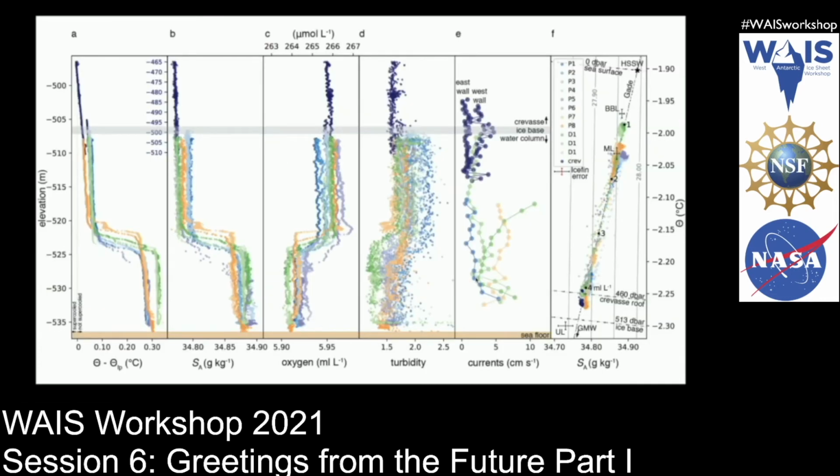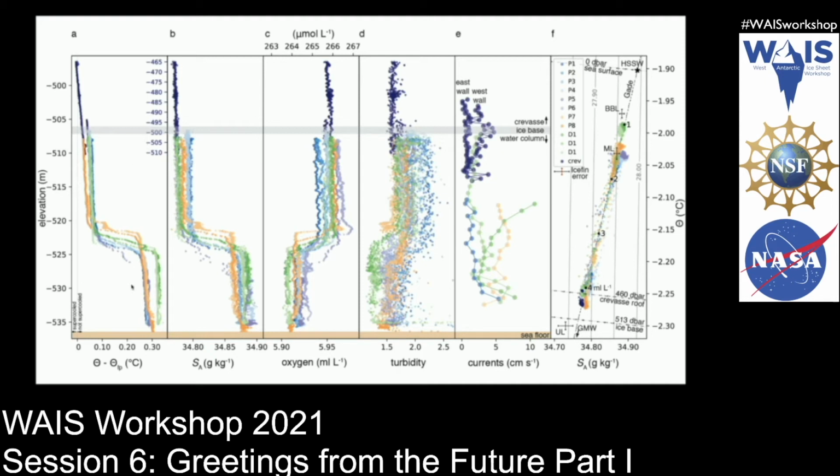So here are vertical profiles of the hydrography from each dive. This is the lower water column below the ambient ice base, and this blue data is from the crevasse, so it's on a different scale.